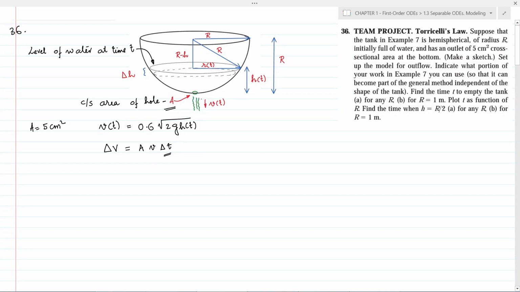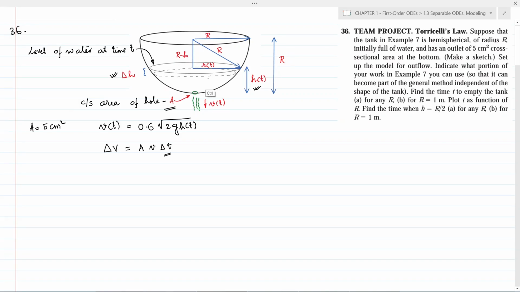Now if water is coming out of the hole, then the level of water inside the tank will also decrease. Now we have assumed that h of t is the height of the water or the level of water at time t. Then after a time delta t, the level of water will decrease by delta h.